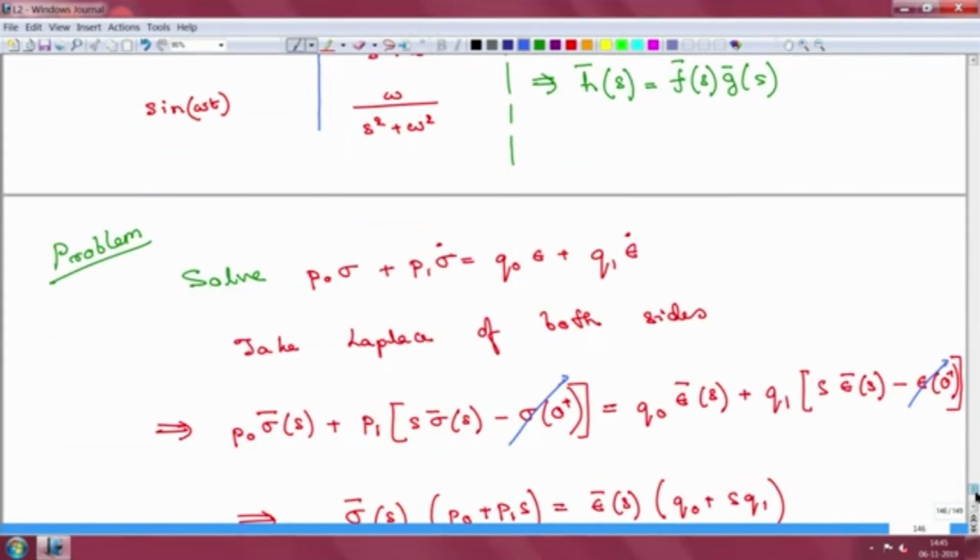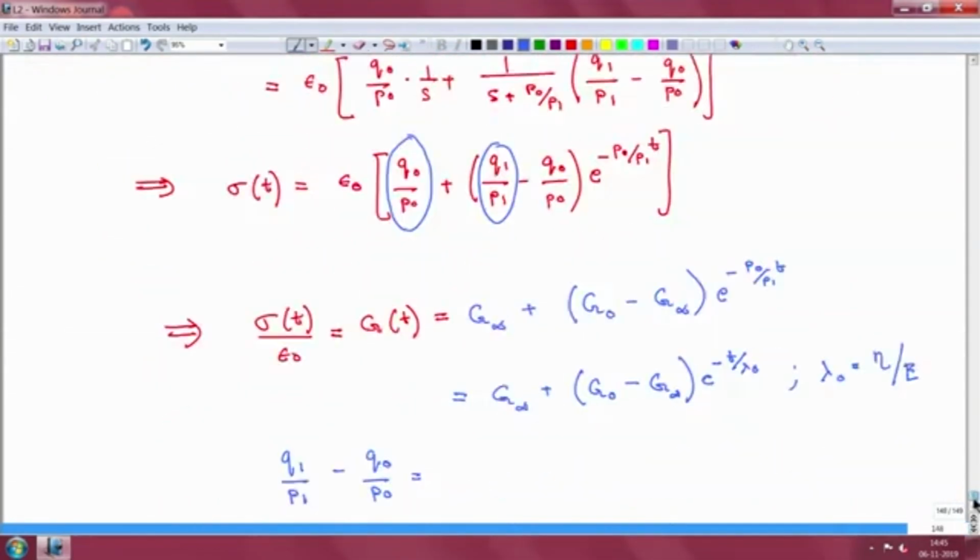So, if you calculate this, this should come out to E times of 1 plus E 1 by E minus E 1, eta equal to E equal to 1 by P 1.